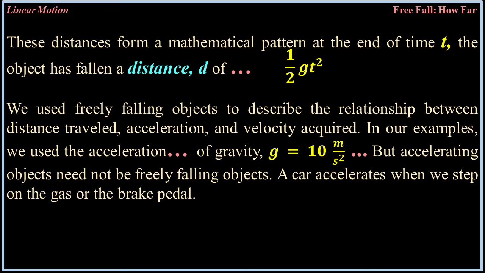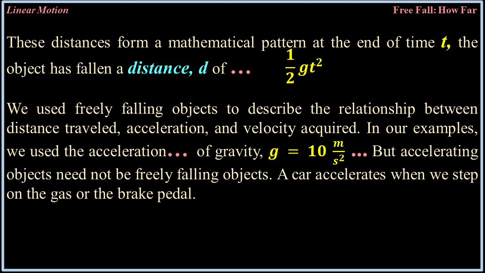These distances form a mathematical pattern. At the end of time t, the object has fallen a distance d of 1/2 g t squared. We used freely falling objects to describe the relationship between distance traveled, acceleration, and velocity acquired.